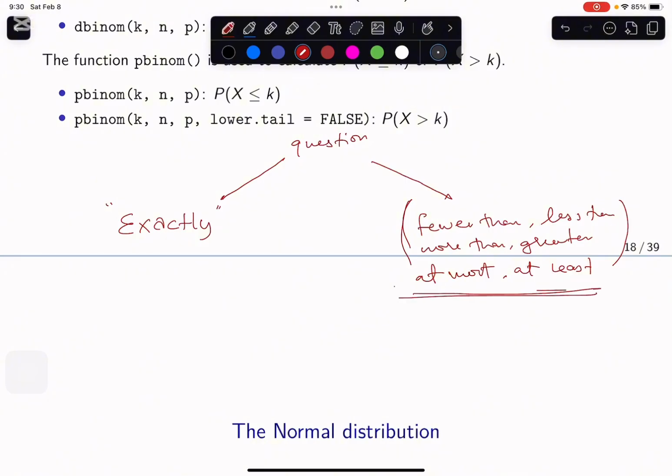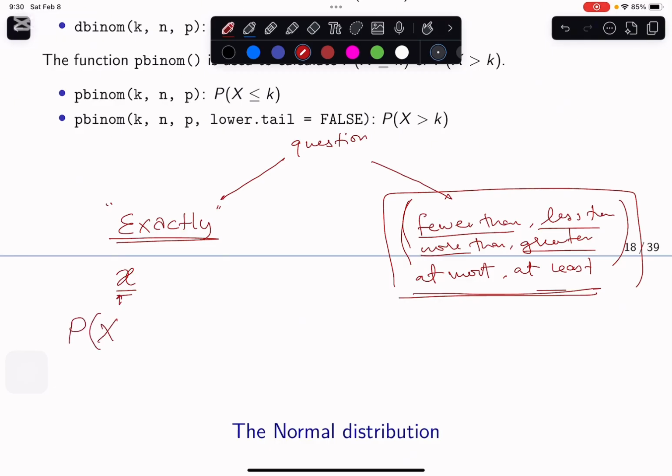If there's a question and they use these terminologies when they're giving you the x, the number of successful trials, P of x, is it exactly? Exactly, in sign form, means equals. So exactly at 3, for example. If they say fewer than, less than, more than, greater than, at most, at least, that does not mean exactly this.